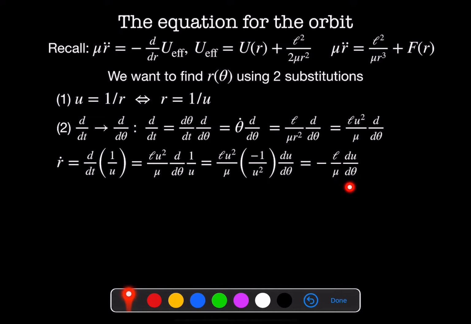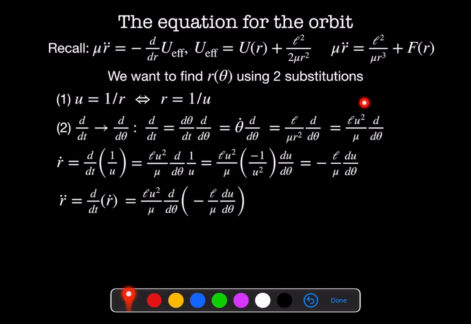And now we differentiate this again with respect to time to arrive at our r double dot. So our r double dot is going to be the time derivative of r dot. And this is equivalent to us writing this theta derivative of r dot.